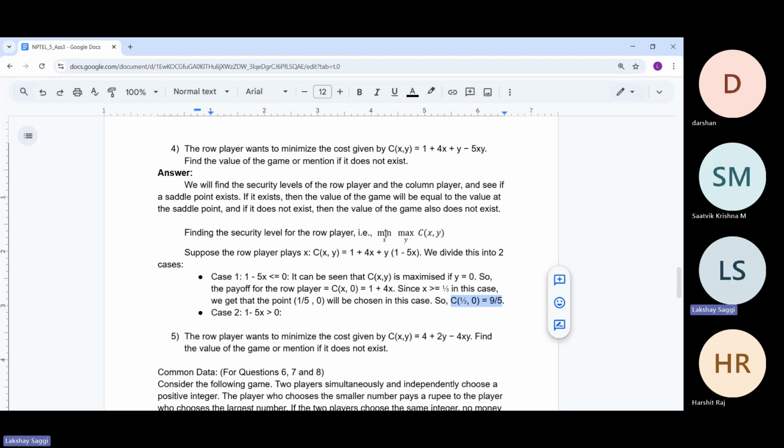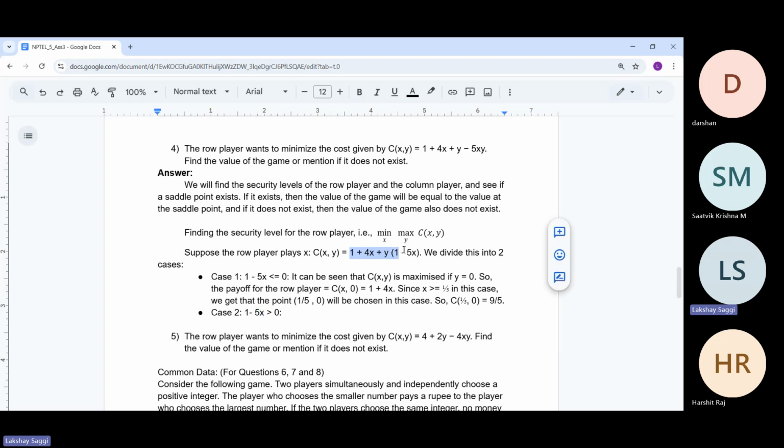If he chooses x greater than or equal to 1 by 5, then this is the smallest possible value that the row player can go to. But the row player still has a choice of taking some other x also, such that 1 minus 5x is greater than 0, which means x is less than 1 by 5.